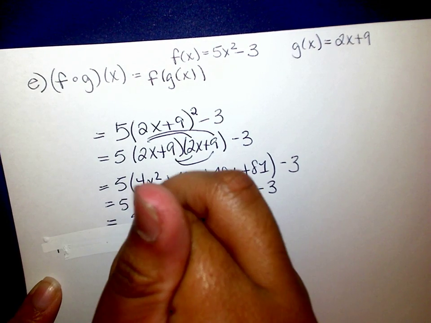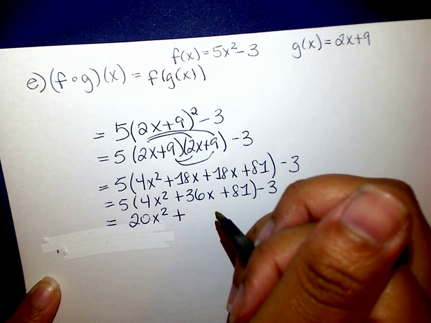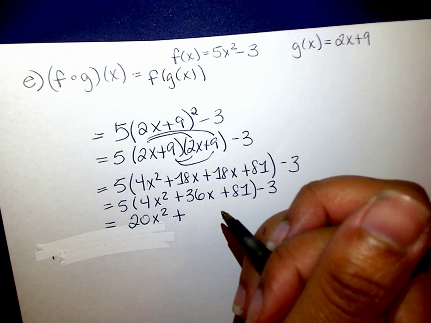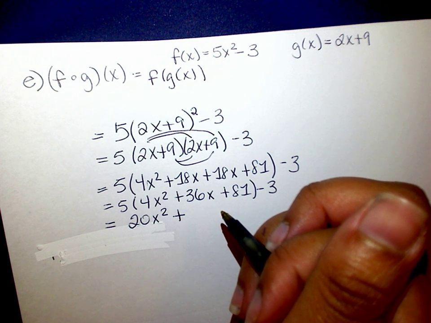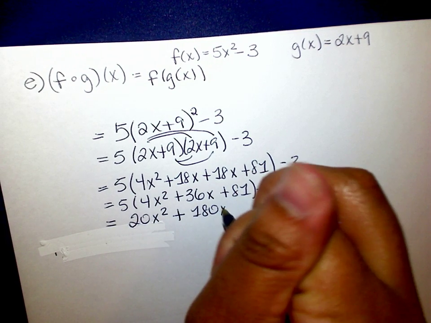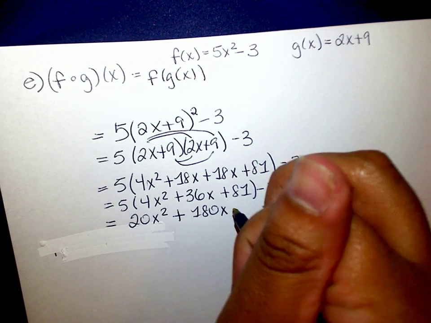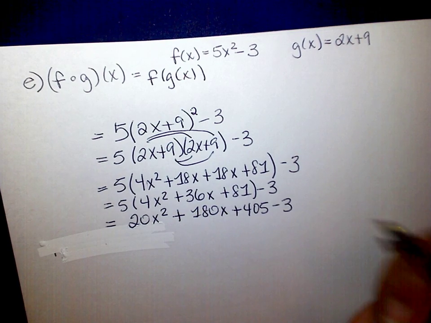So we're going to get 20x squared plus 180x plus 405 minus 3.